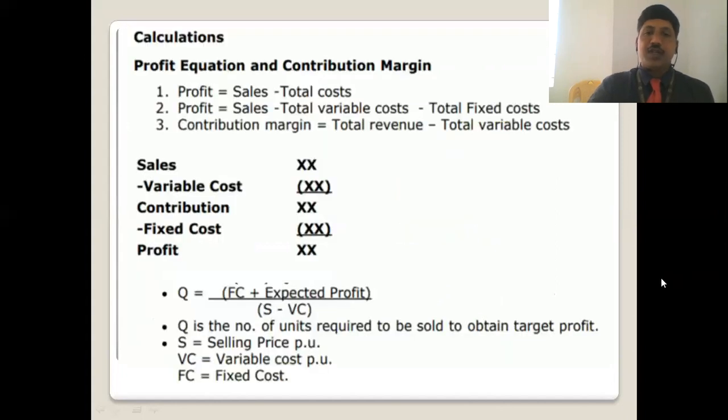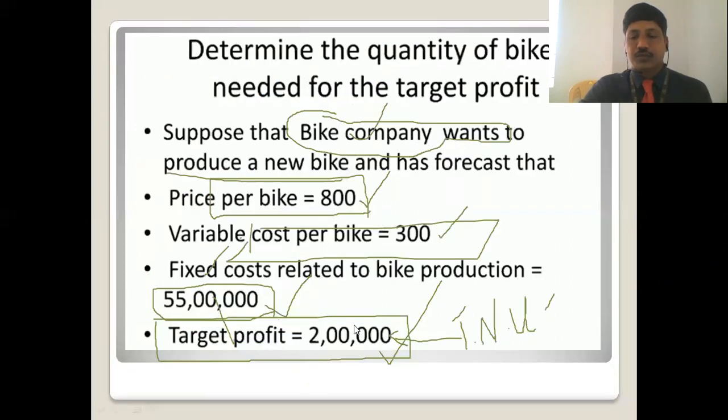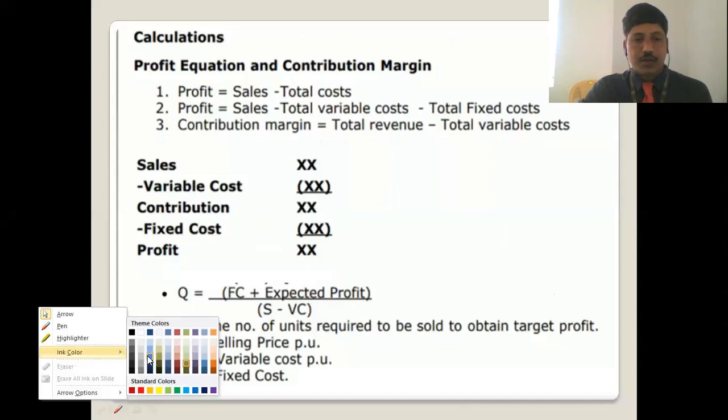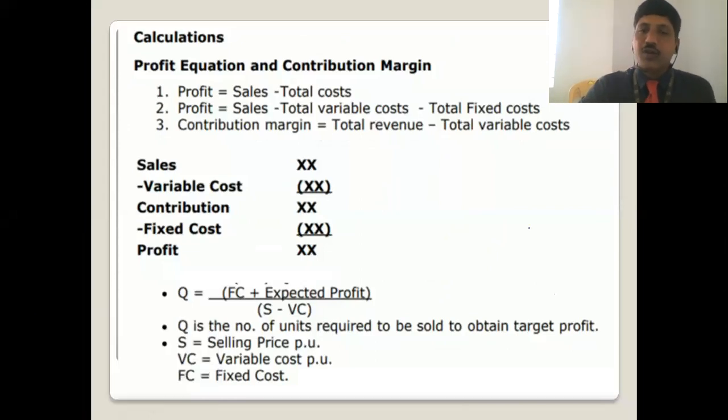Okay, if you see the formula to find out the total number of units to produce, quantity is equal to... The formula that is going to be used to find out the total quantity required to produce, this is the formula.